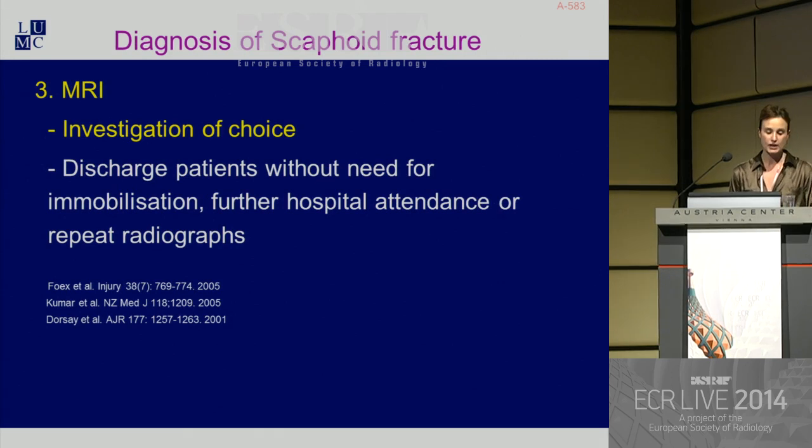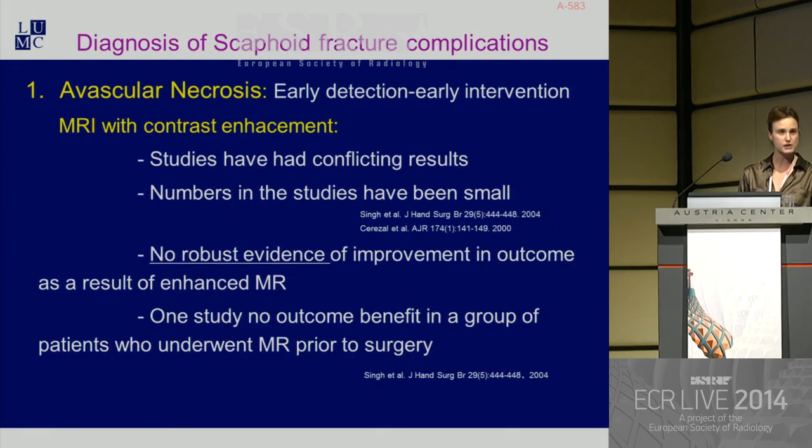Despite all the efforts to make the correct diagnosis of a scaphoid fracture, sometimes we also have fractures that are not seen at first, and we can also have some complications due to this situation. So one of the most important complications of the scaphoid fractures is the avascular necrosis.